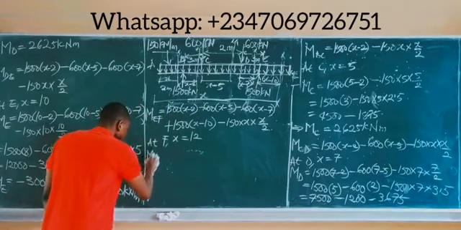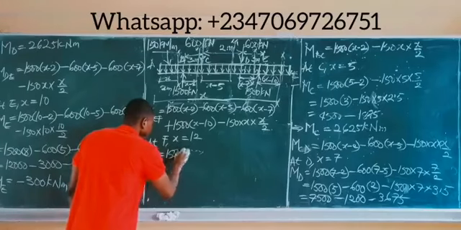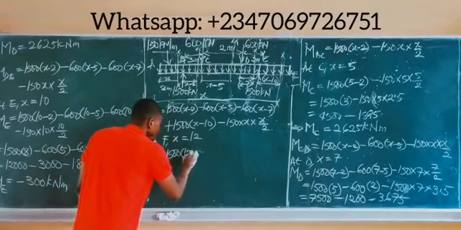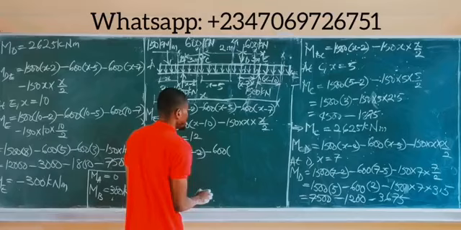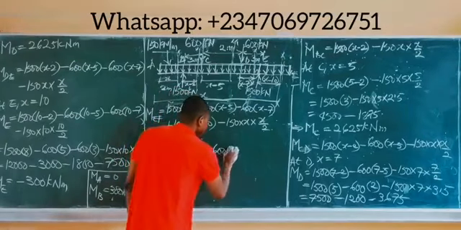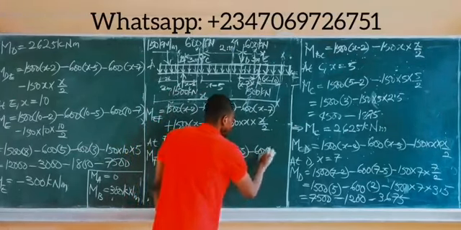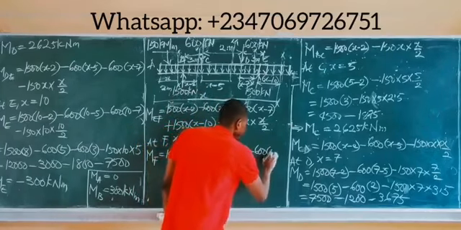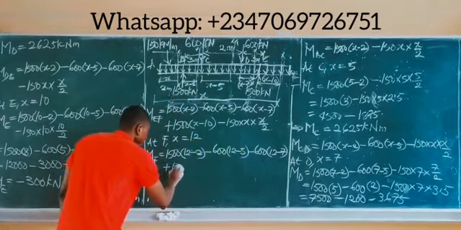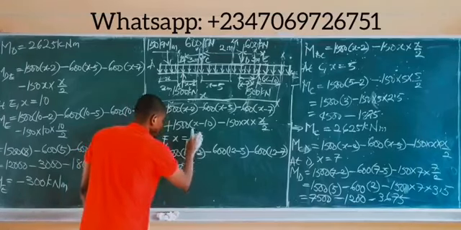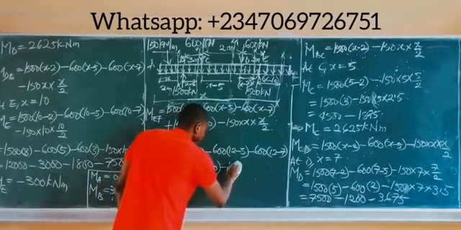Therefore, the moment at point F is equal to 1,500 times, in place of x you have, 12 minus 2, minus 600 into, in place of x, 12 minus 5, minus 600 into, in place of x, 12 minus 7, plus 1,500 into, in place of x, 12 minus 10, minus 150 by 12 over 2.